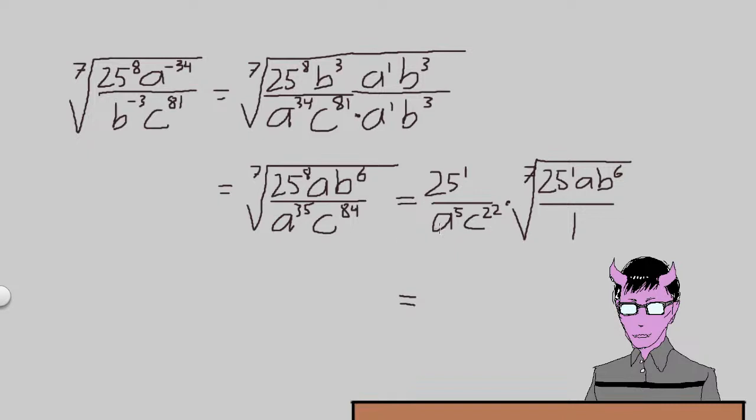So let's beautify the answer. So we have 25 on top. And then times the, again, this one is just 1, so we could just obliterate the bottom. Don't need to write it. 7th root, copy paste. All over, copy paste.